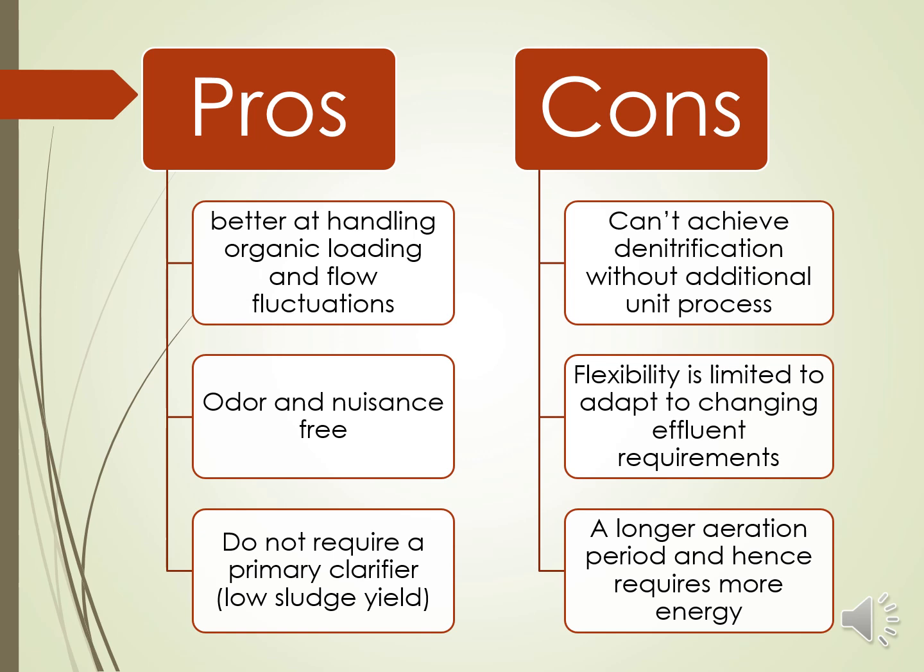So the flexibility is limited because the system is small and it's not fabricated to be extended or to be expanded. Okay, so it is fabricated only for a small premise, or we call it prefabricated for a small premise or for a small area. Okay, those are the main pros and cons.